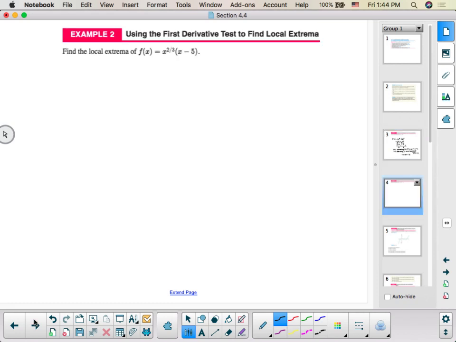On this one, our derivative, I'm going to go ahead and multiply that through and get x to the 5/3 minus 5x to the 2/3.